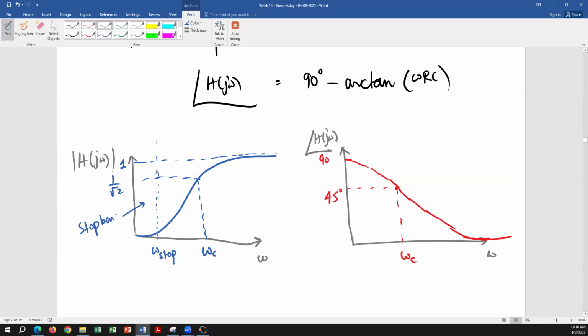Everything there will be stopped, for a practical filter that is. And then from the stop frequency to the cutoff frequency is what we call the transient band. And we want the transient band to be as narrow as possible. We don't want it to be wide, because frequencies can still be passed through the transient band because the magnitude of the transfer function is not 0. So when you multiply the magnitude of the transfer function by the input, you can get some value for the output.